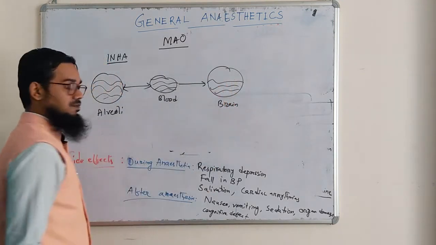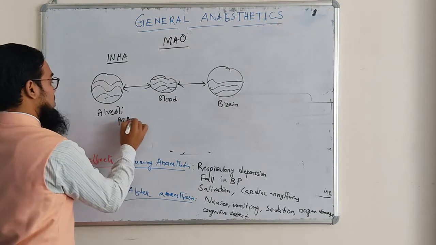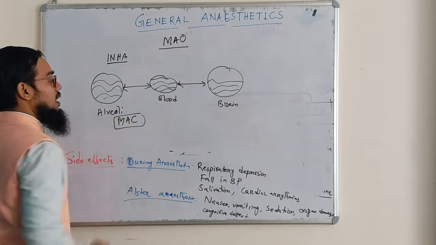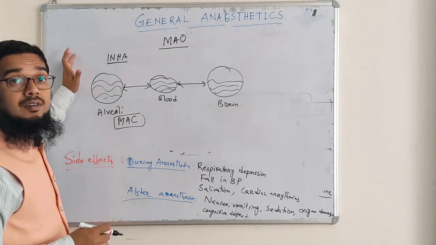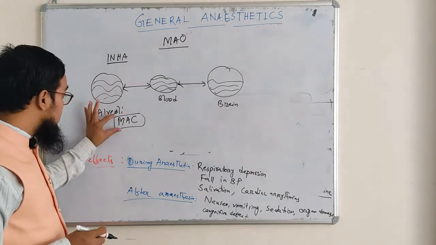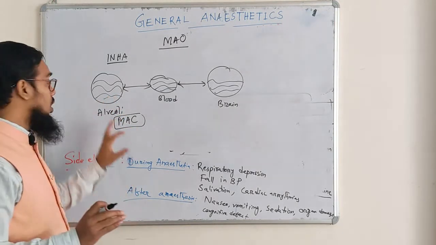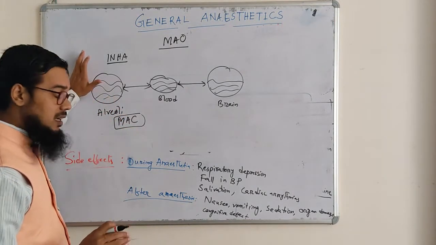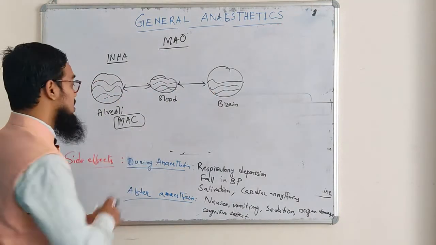This is called MAC, minimum alveolar concentration, which defines the strength of general anesthesia. Minimum alveolar concentration is the concentration of the general anesthetic required to produce unconsciousness in 50% of the population.